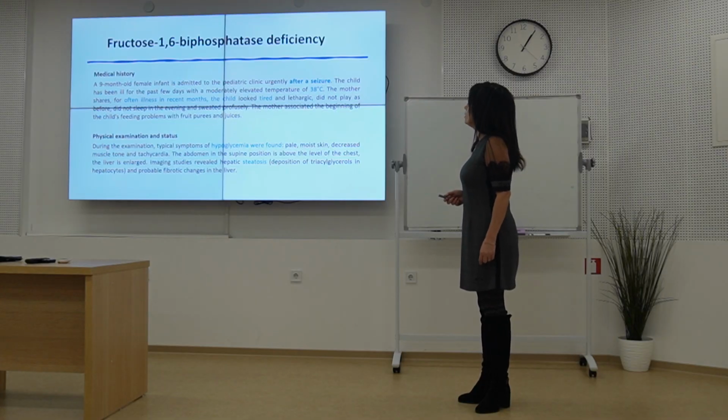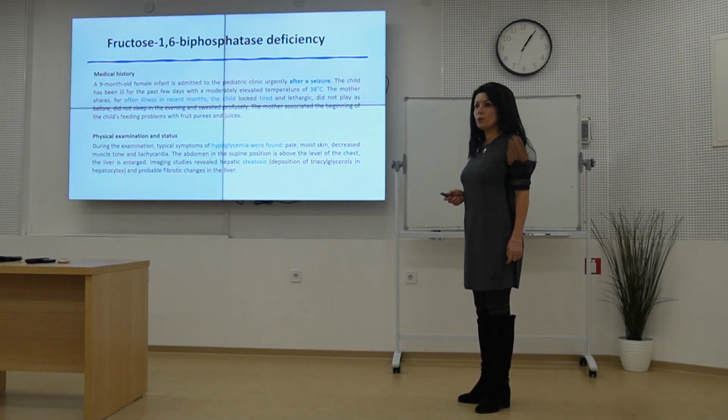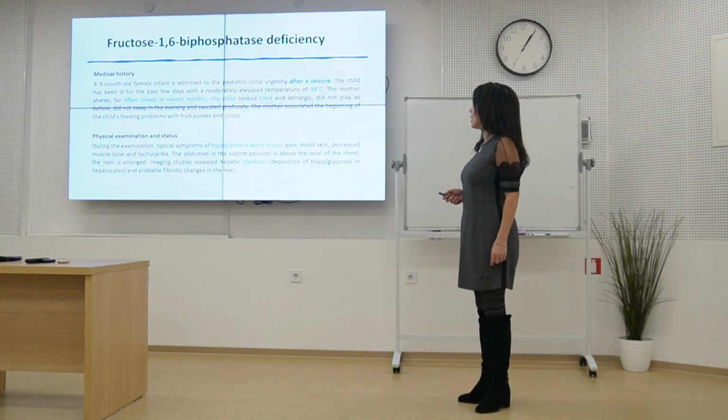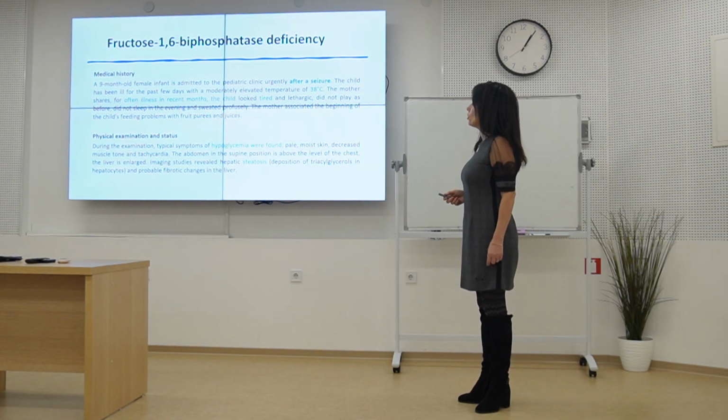The abdomen in the supine position is above the level of the chest. The liver is enlarged. Imaging studies revealed hepatic steatosis, which means deposition of triacylglycerols in hepatocytes and probable fibrotic changes in the liver.